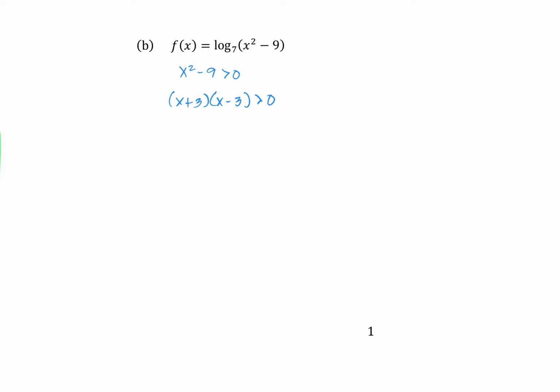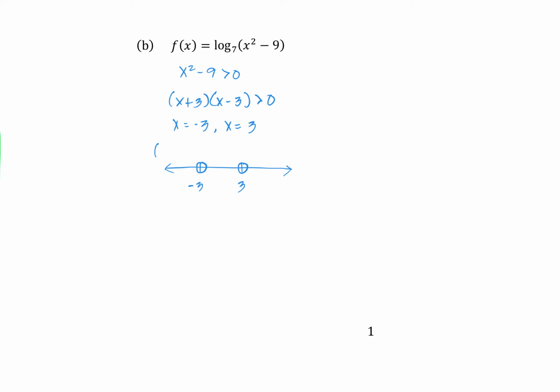And then look at some test points. So remember, we're setting this equal to 0 to get x equal to negative 3, x equal to positive 3. Those values are what we're going to use to break up our number line. And since it's strictly greater than 0, we don't use these endpoints.